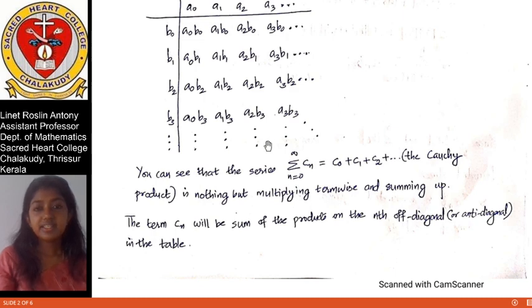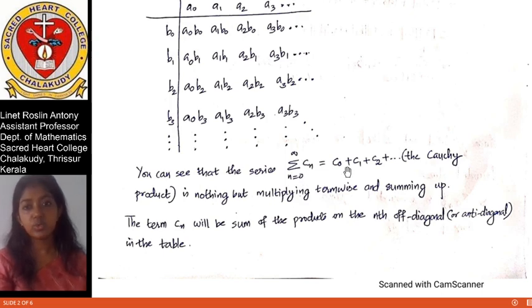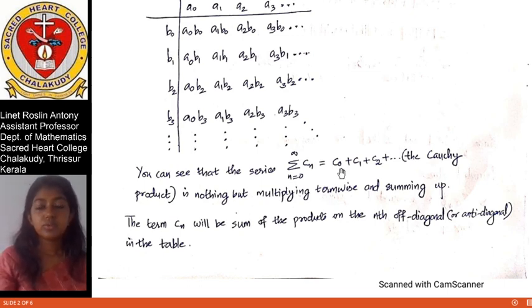So now we can see that the series summation n is equal to 0 to infinity Cn, which is called a Cauchy product, is equal to C0 plus C1 plus C2 plus etc. So it is nothing but multiplying term-wise and summing up in this table in a particular way. The first, C0, is A0 B0.